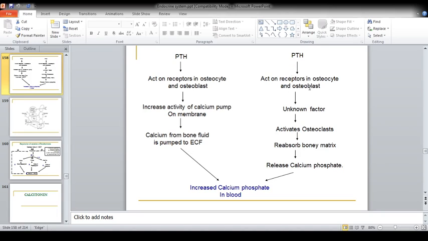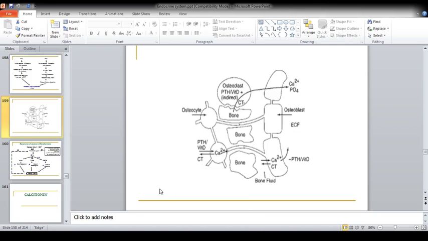Whereas in the slow phase, it would act on receptors in osteocytes and osteoblasts, and via some unknown factor it would activate osteoclasts. These osteoclasts would break down the bone, reabsorb the bony matrix, and release calcium phosphate into the circulation. And this in the end would cause increased calcium phosphate in the blood. So this is how it is acting.